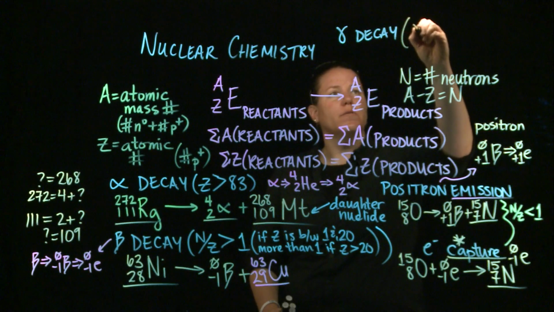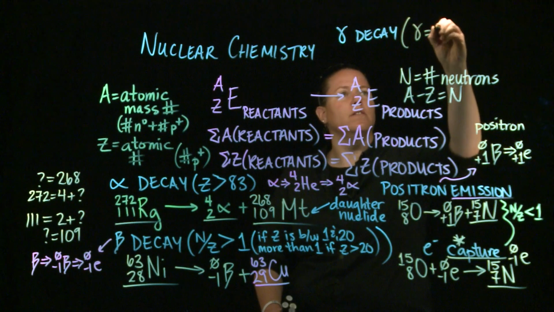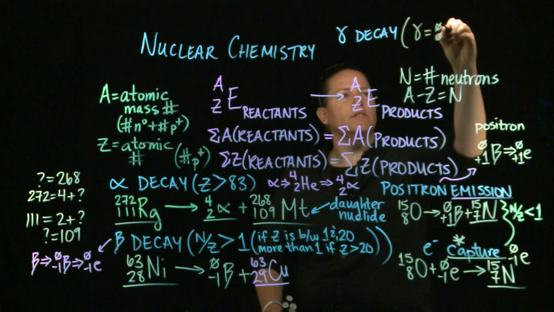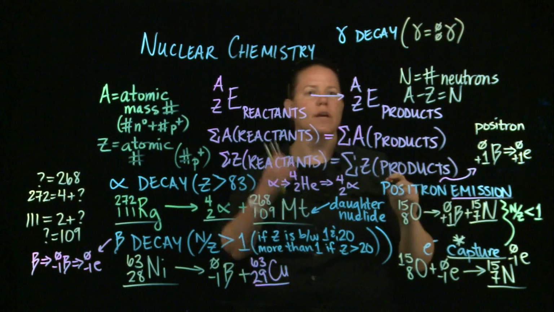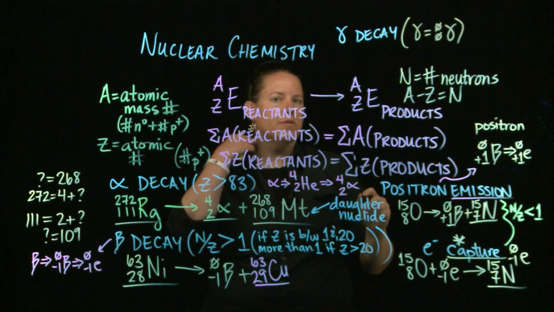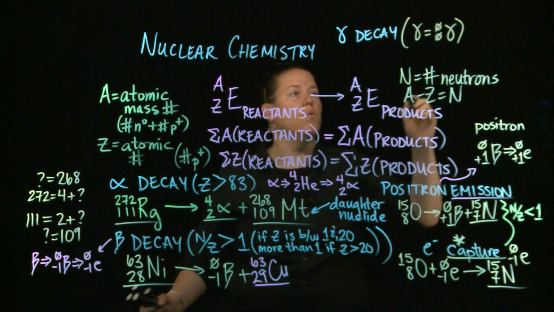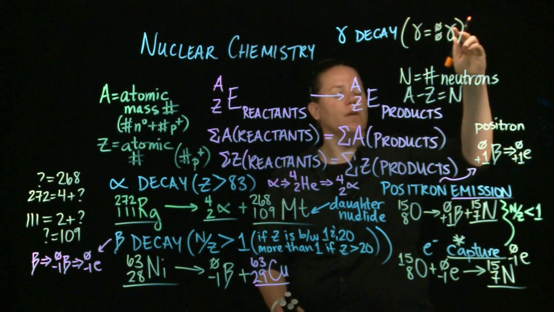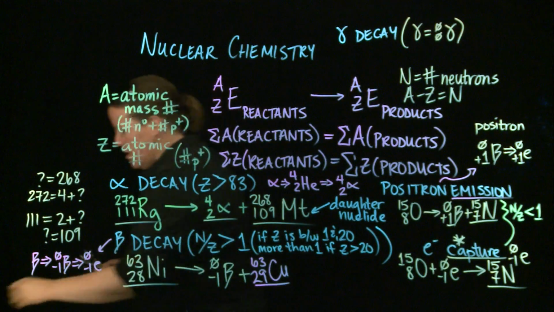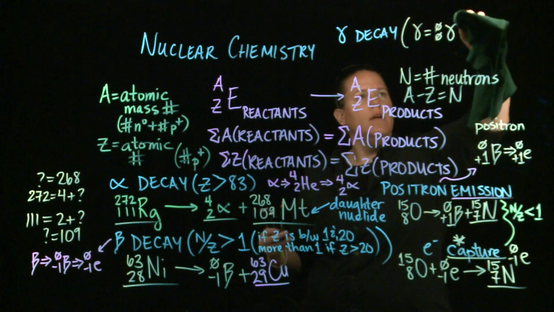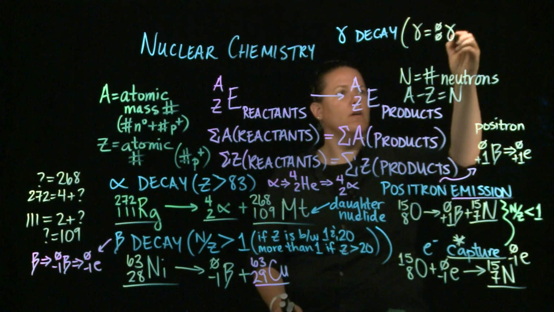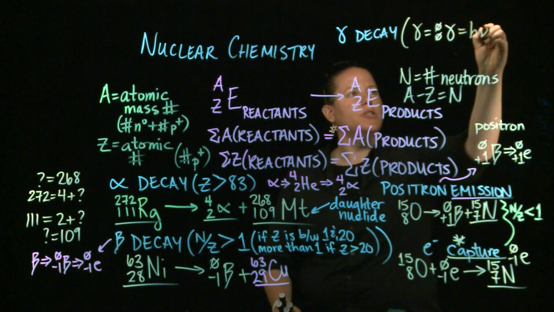Gamma particles can be shown as 0 over 0 gamma, that's pretty much the way that it's shown. Oh, actually there's one more way this is shown. It can be shown with an h nu.